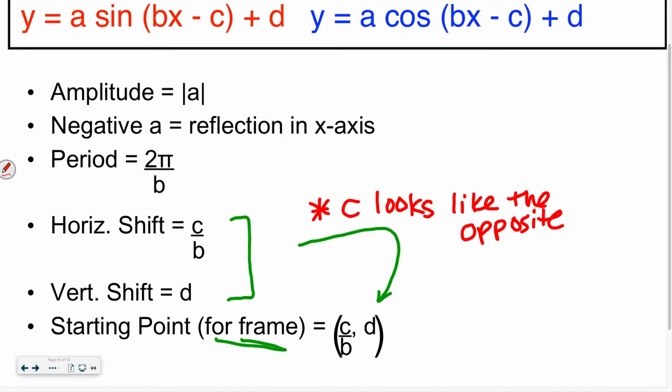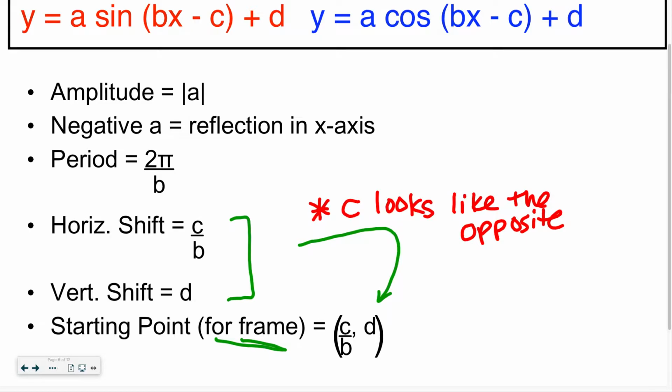If you look at the two general forms at the top of the screen, C is the only parameter letter that has a negative in front of it. So every time you put a number in, it looks different than what it really is. So remember, when you're pulling out C from an equation, it'll look like the opposite of what it really is.